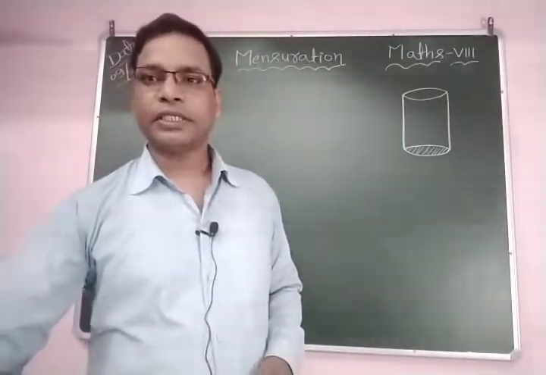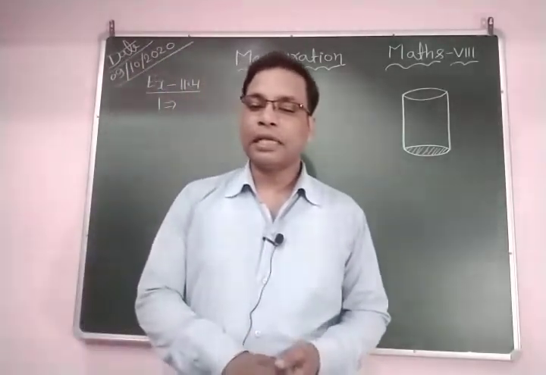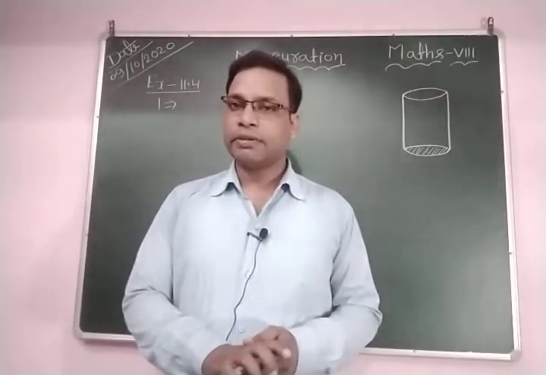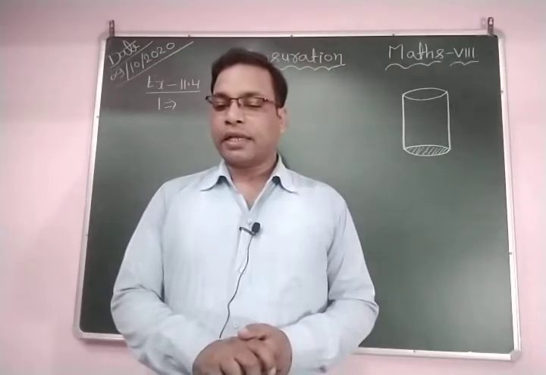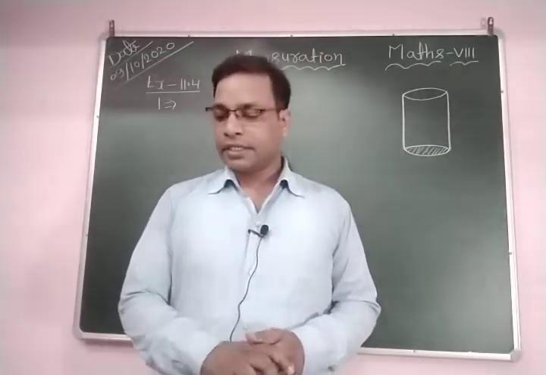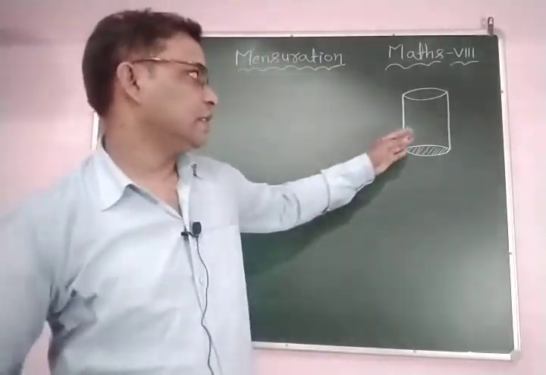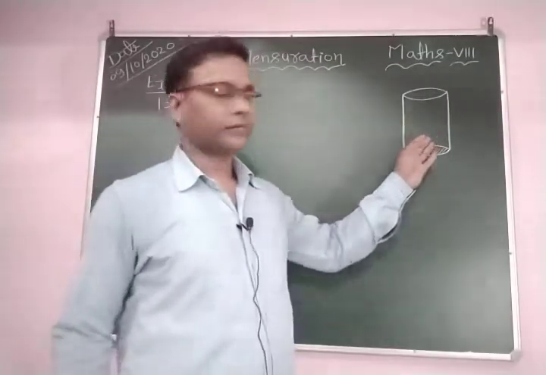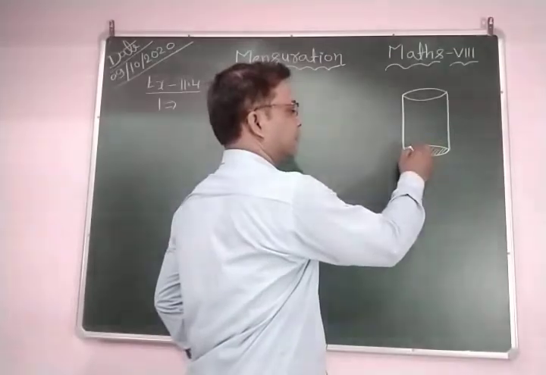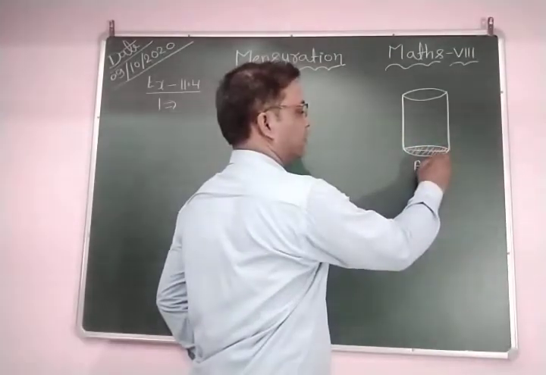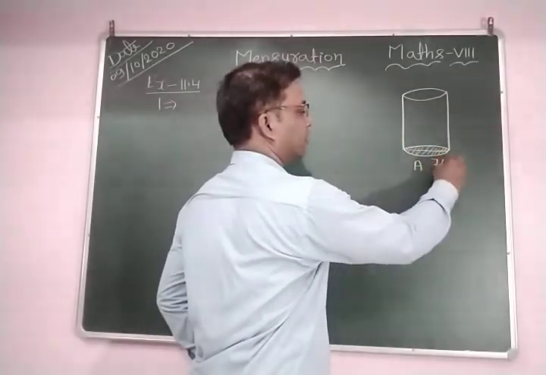In the second question, it is given that the diameter of cylinder A is 7 centimeters and its height is 14 centimeters. Here you can see this is cylinder A, the diameter is given as 7 centimeters and the height is given as 14 centimeters.